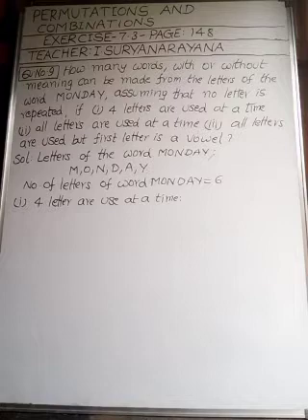Recollect that previous knowledge, the definition of permutations. The number of permutations of n distinct objects by taking r objects at a time is equal to npr. Yes or no, my children?